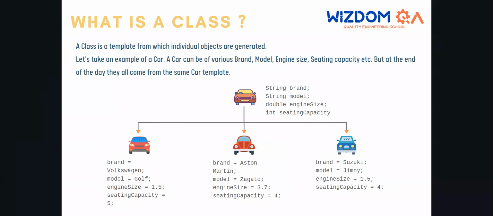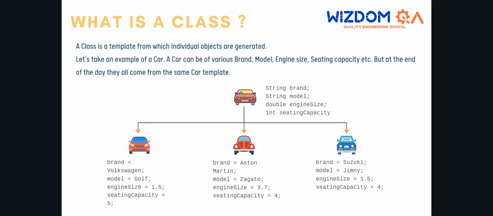For example, I'm trying to store, or I'm trying to work with a car. A car is a live object or a live element in our daily life. So I'm taking that car example.